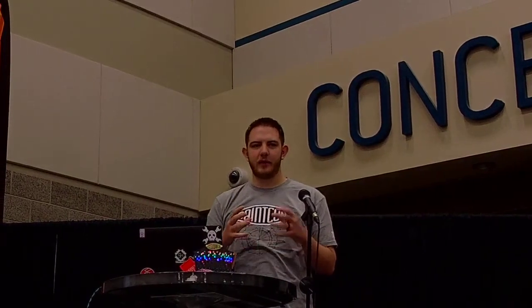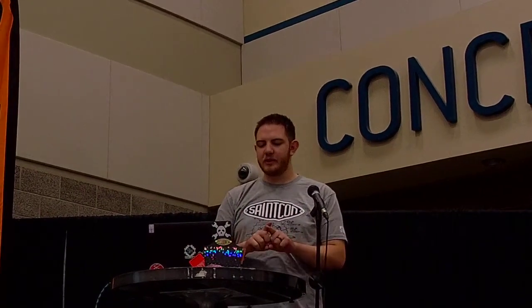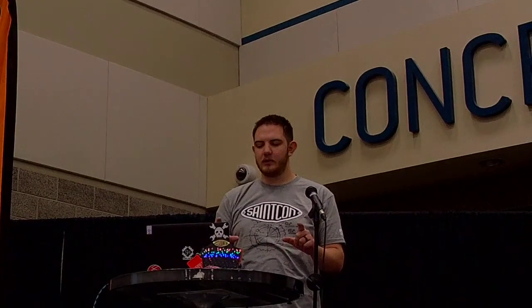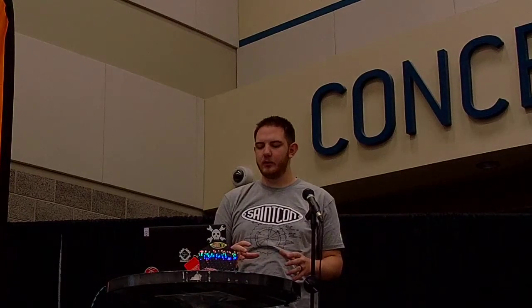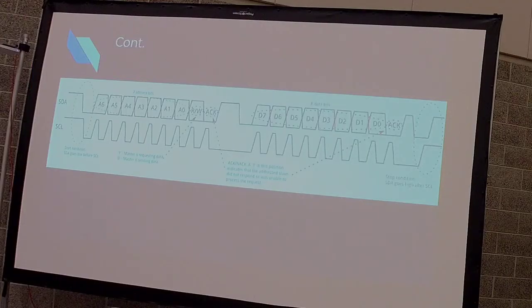This is why you can have so many different chips on the I2C bus: they all have different addresses. It sends out the address, and then the mini badge responds with an acknowledgement bit, which is just the mini badge pulling the data line low. Once there's that acknowledgement, the main badge can start requesting or sending data to the mini badge. That's how this handshake works.